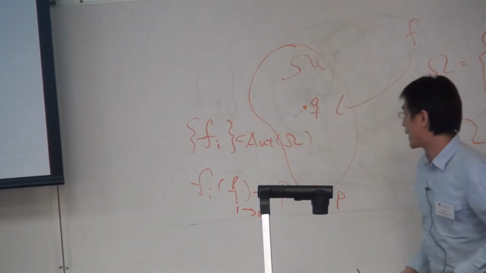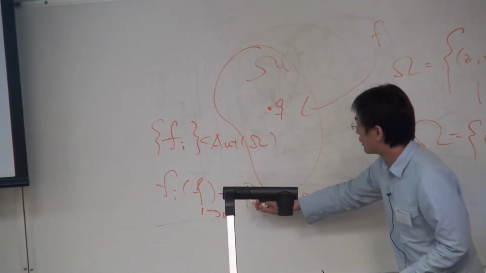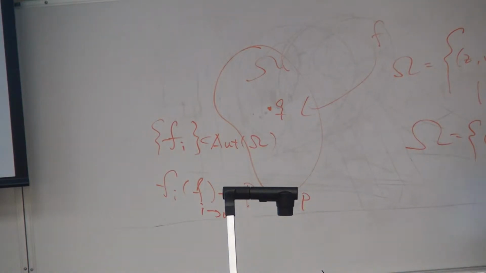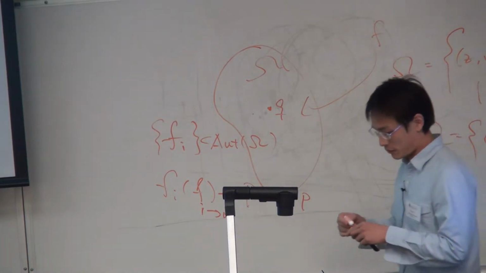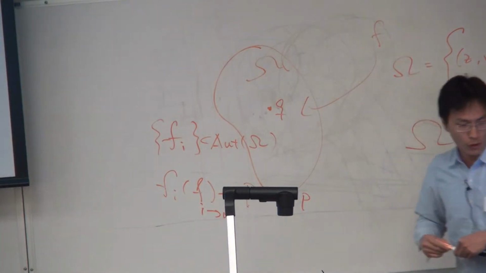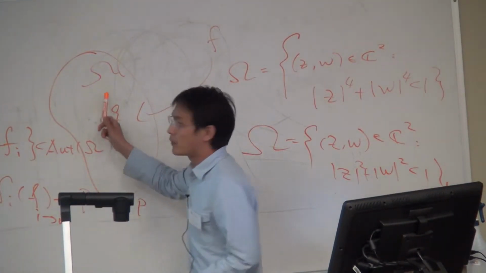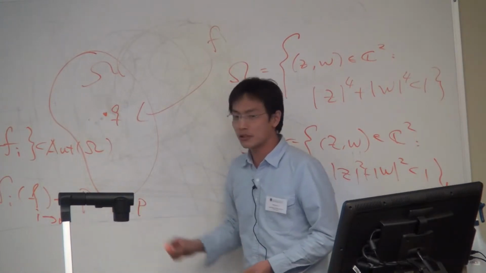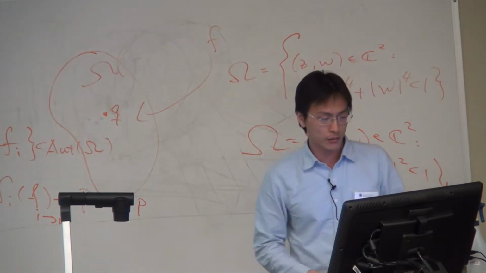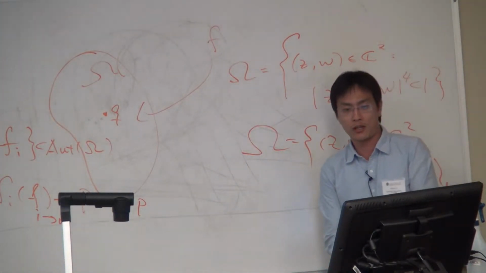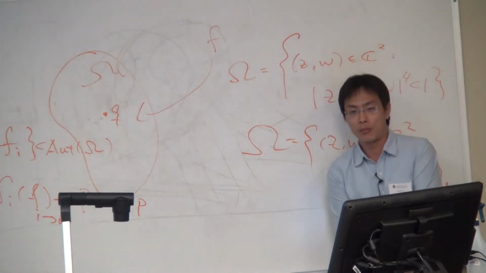This is what I mean by accumulation to P. If P is strongly pseudo-convex, there is a very famous theorem called the Wong-Rosay theorem, which says that this domain omega is just biholomorphic to the unit ball.